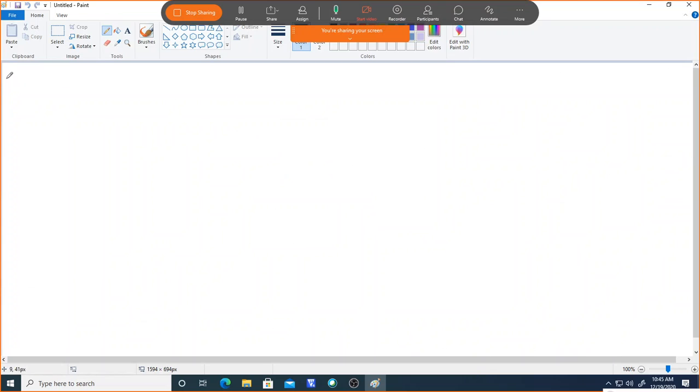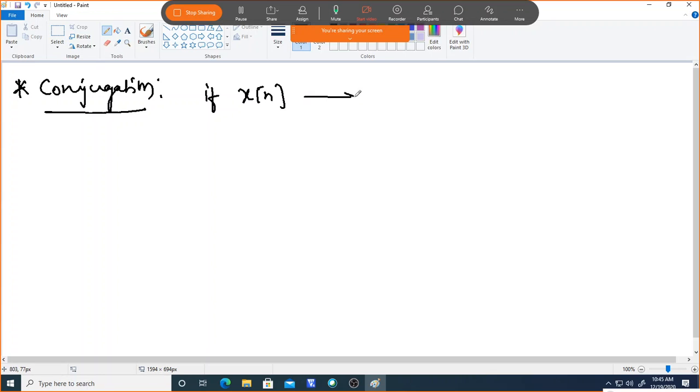Okay, so now you can take another one, that is the conjugation property. That is, we can take the complex conjugate of the signal x of n, and see what will happen in the z domain. If we have x of n with the corresponding z transform X of z, and we take the complex conjugate of x of n, what is the corresponding z transform? That is the conjugation theorem.